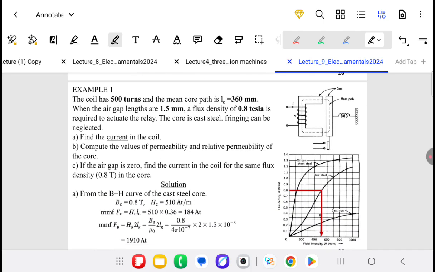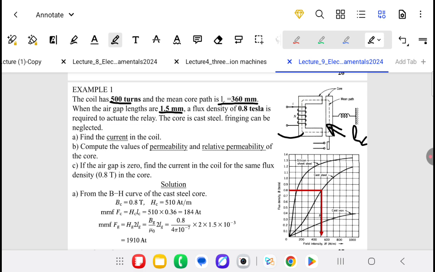Let's see an example. We have a coil with number of turns N equals 500. The mean magnetic path, L core, equals 360 millimeters, which is the length of this path. We have two air gaps here, at the top and at the bottom, both with the same length of 1.5 millimeters.